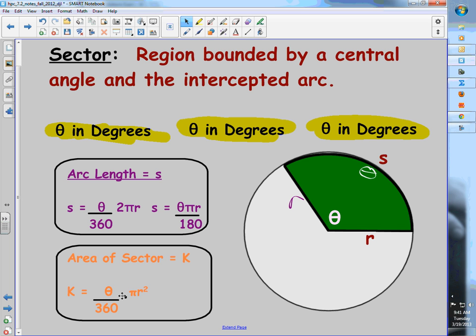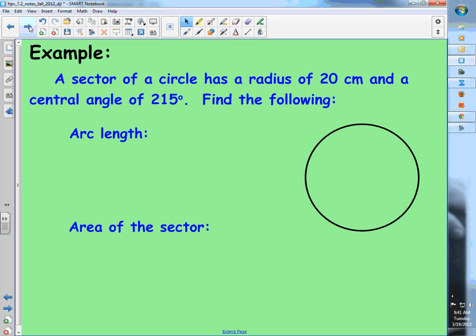Alright, so those are your formulas. S for arc length, K for sector area. See if you can find the arc length and area of this sector. And again, some of you are like me. First thing I would do is draw the picture. A sector of a circle has a radius of 20 and a central angle of 215.